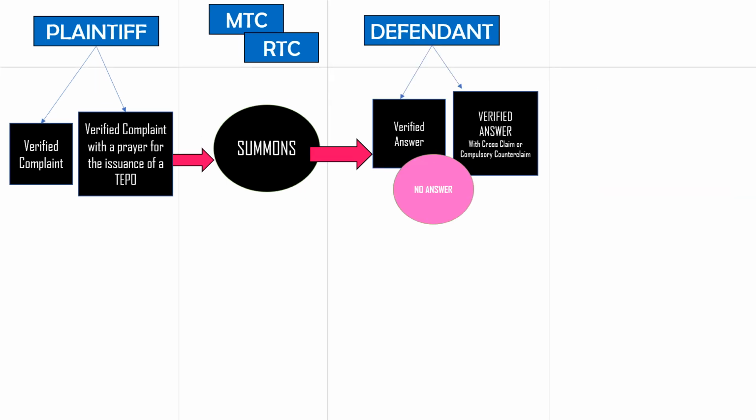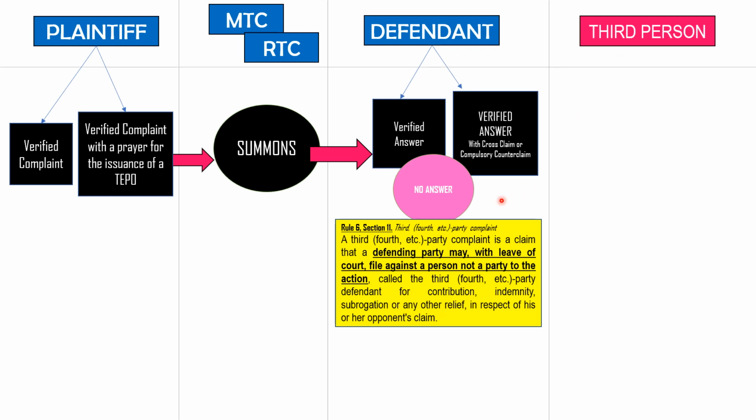So, in your environmental case, can there be a party aside from your plaintiff and defendant? Let's call him the third person. Scenario number 1, can the defendant file a third-party complaint? Ano ba ulit yung third-party complaint? Section 11 of your Rule 6 sa Rules of Civil Procedure.